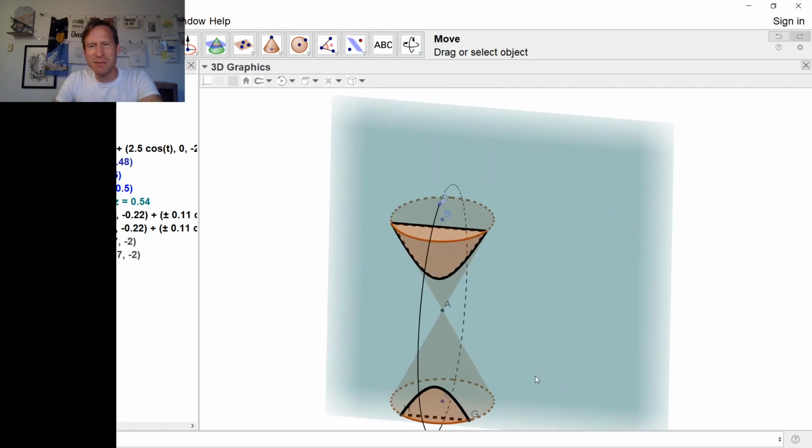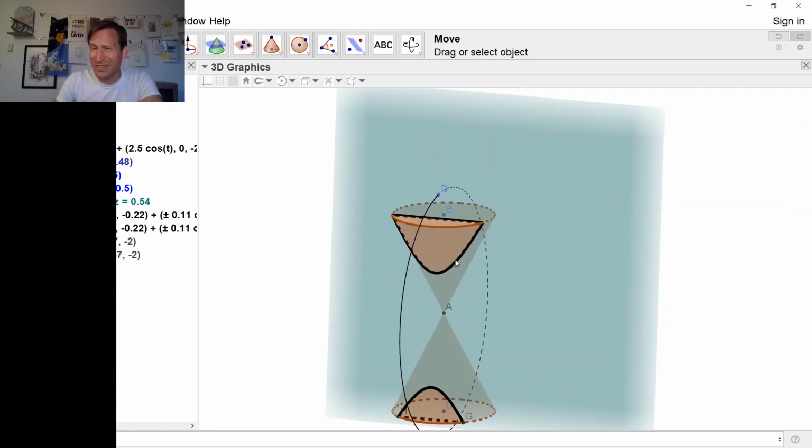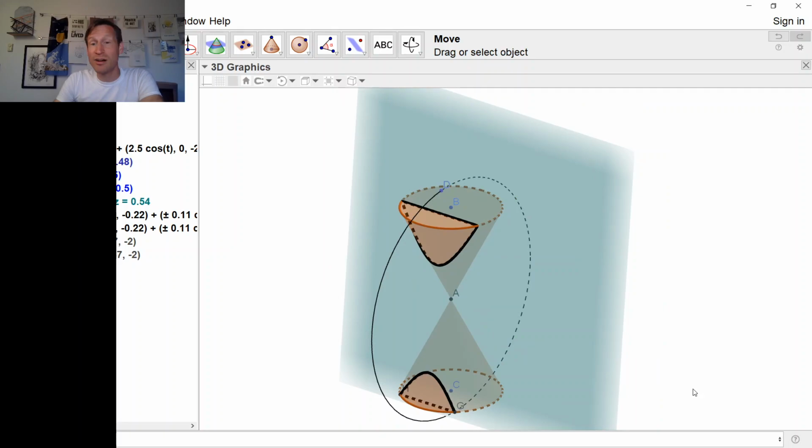And so we get this shape that looks vaguely parabola-like, except it opens too far for a parabola, and it also has this second piece at the bottom. It's not clear from this picture, but in fact, these two parts, the upper part and the lower part of the intersection, are exactly the same shape. These two pieces together are called a hyperbola, and that's the last conic section.